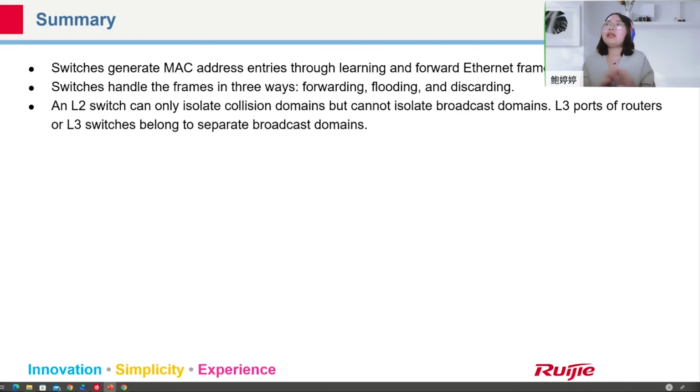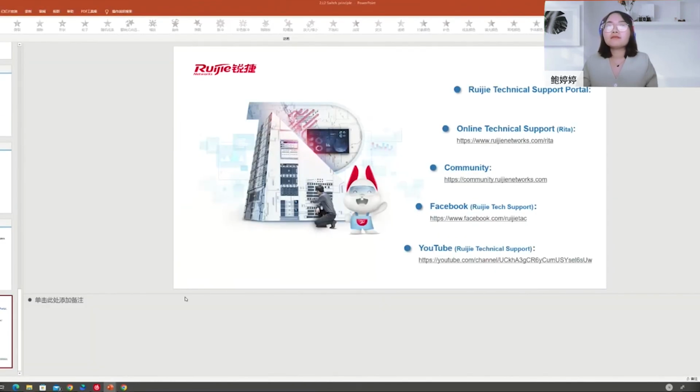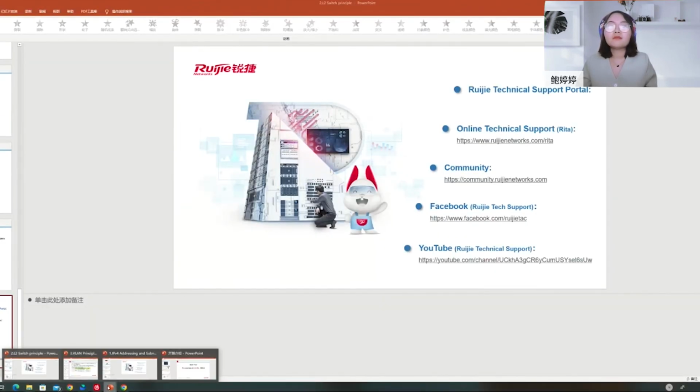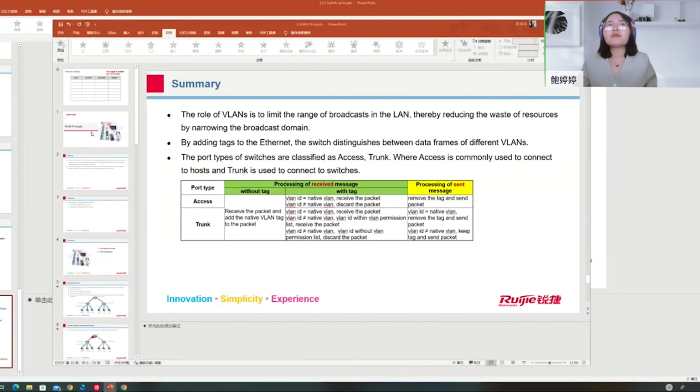If you want to limit this range, maybe you can use layer 3 ports, like a layer 3 switch or a router. But this is very expensive, so we hope to have a technology to solve this problem. This technology we call VLAN. So the next part, we will talk about VLAN.